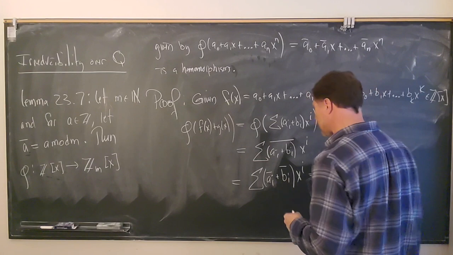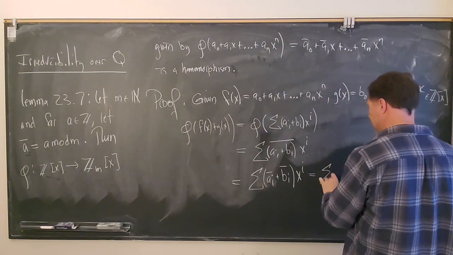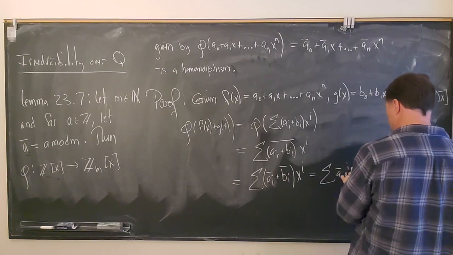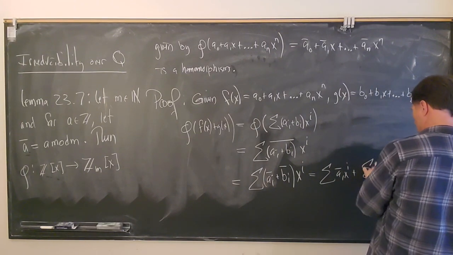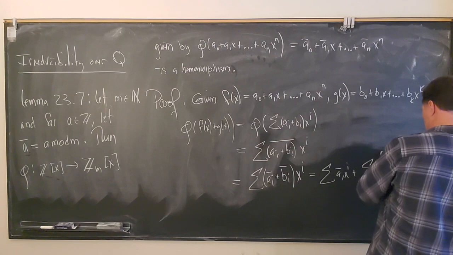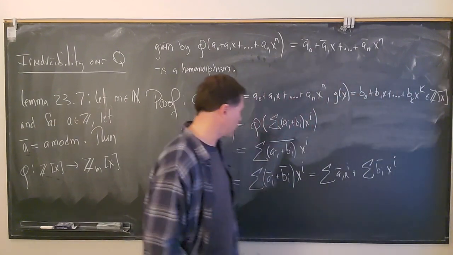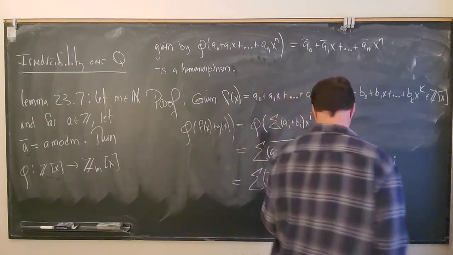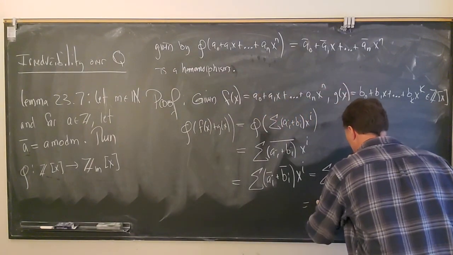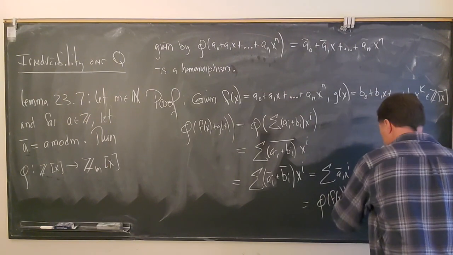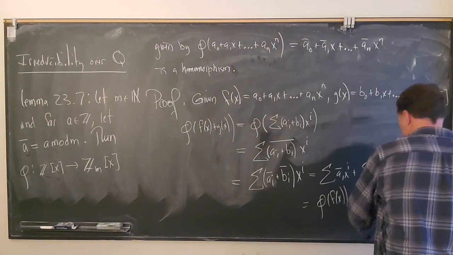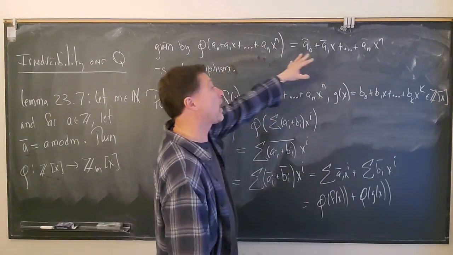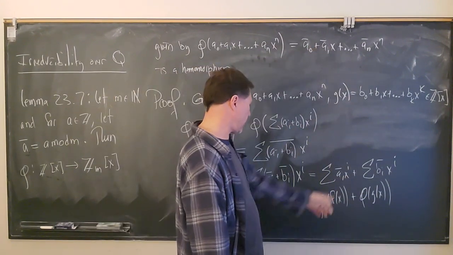Then we can split this into two pieces: the sum of a_i bar x^i plus the sum of b_i bar x^i. Now what is this? This is phi of f(x), and this is phi of g(x). So this is phi of f(x) plus phi of g(x). So the operation of reduction mod m on the coefficients respects addition.